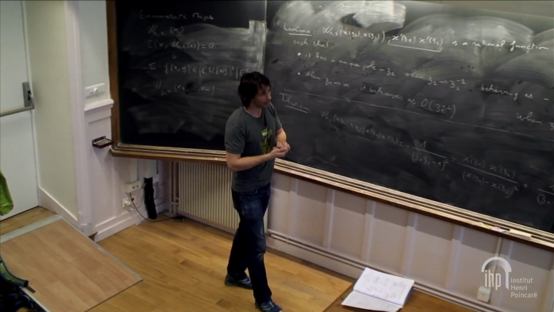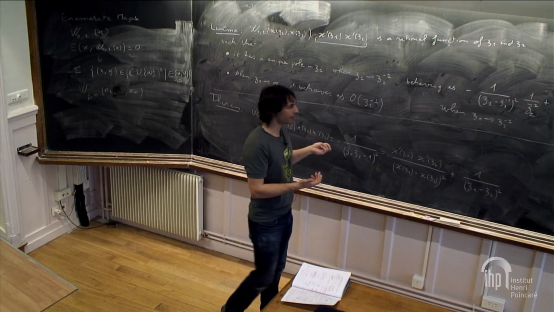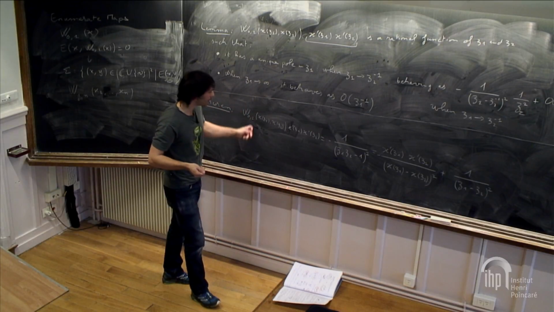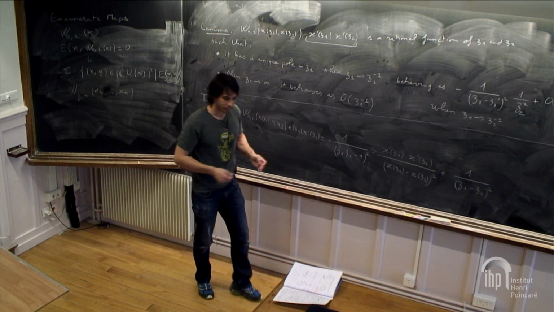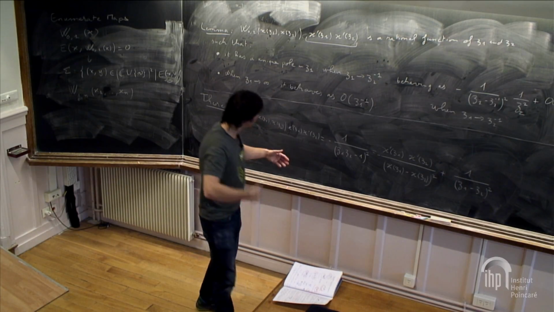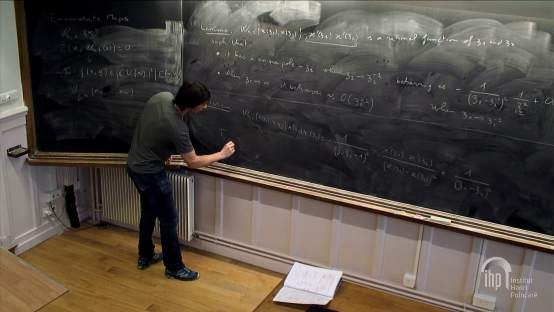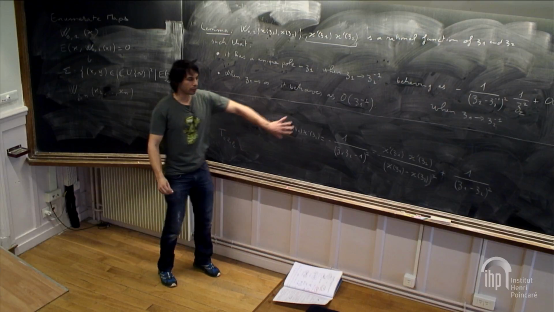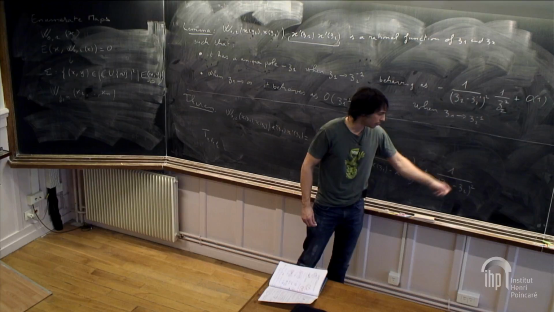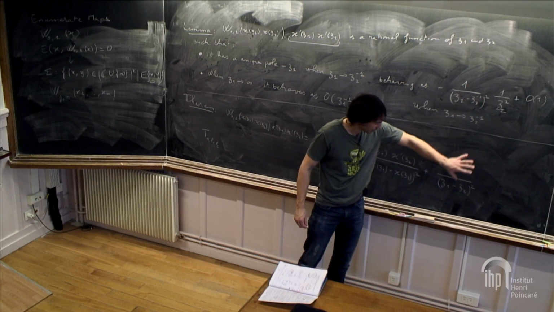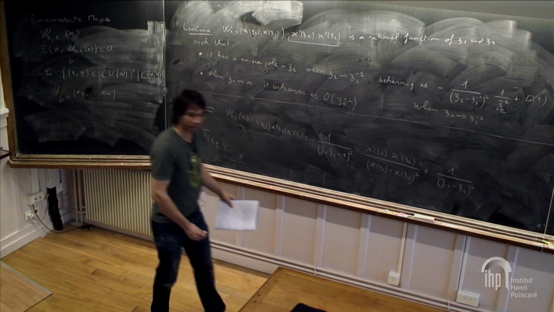Now for 0,2, it actually goes a bit faster, because we already have a change of variable going from x to z, and using exactly the same one, we find a very simple formula for W02 of z1 and z2. Now if you want to compute T0, L1, L2, you just have to compute the residue of x of z1 to the power L1, x of z2 to the power L2, dx1, dx2 of this guy. So that's pretty simple. Yeah, John?